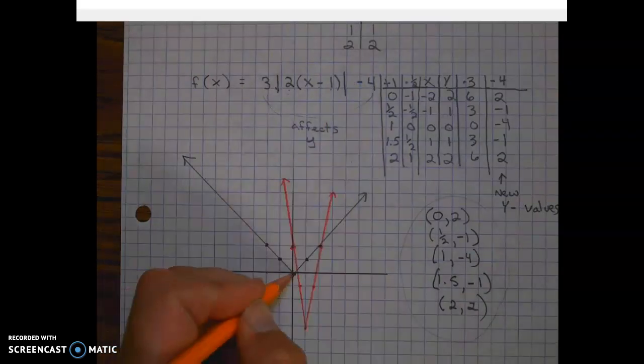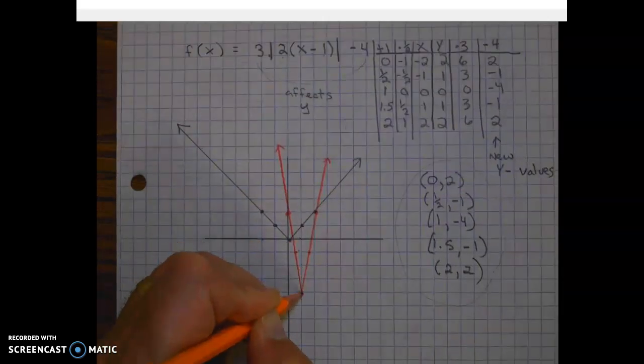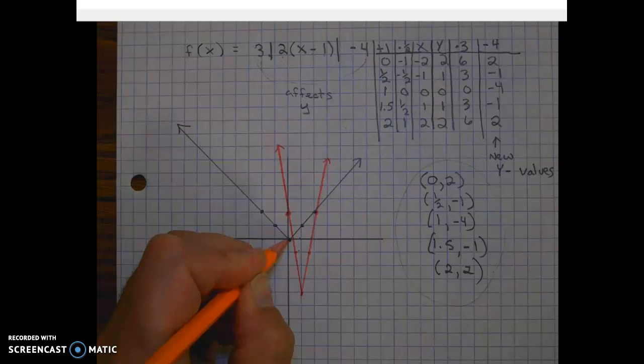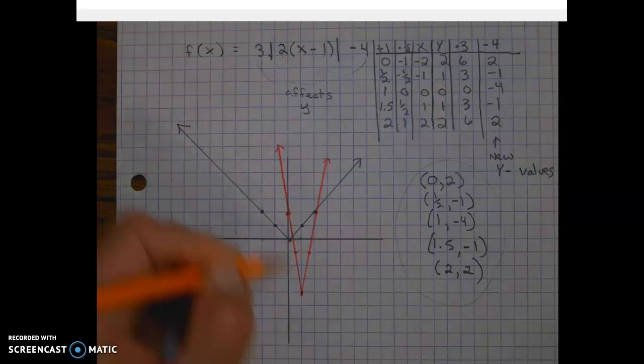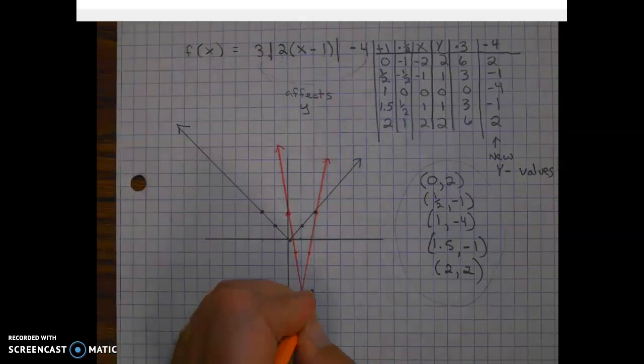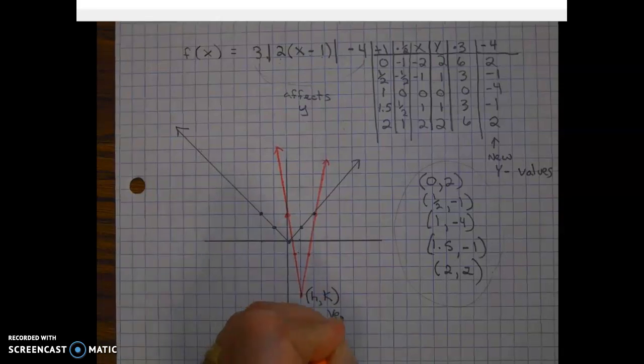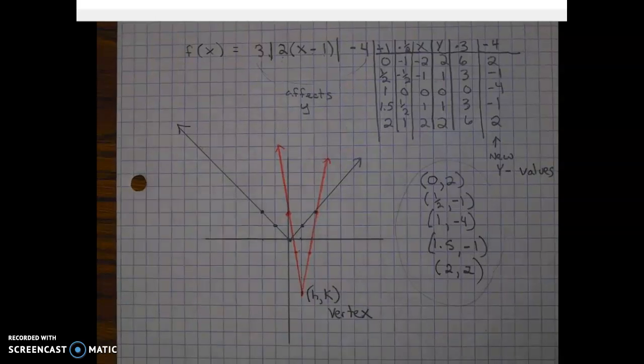So if I start here at my parent, 1 to the right, 1, 2, 3, 4 down. See how the vertex translated to the right 1 and 4 down. And that's right here. This is H and K. H and K will always give you the vertex, at least for quadratics and absolute value.